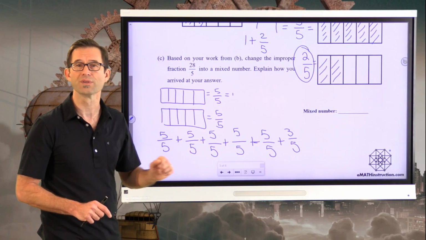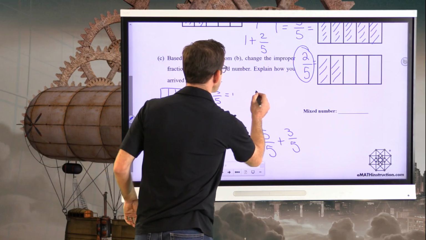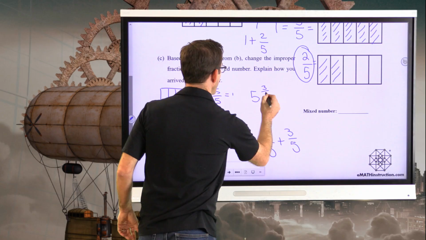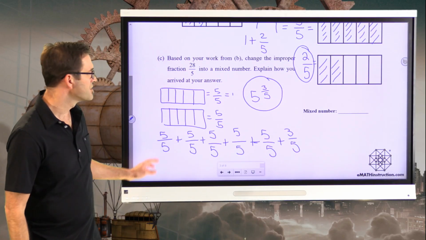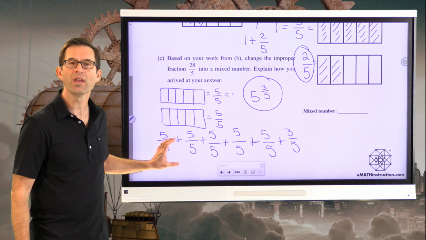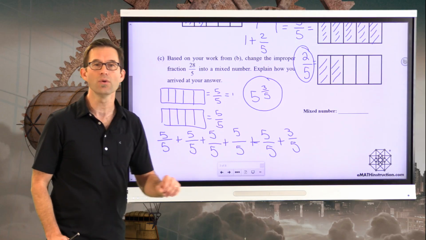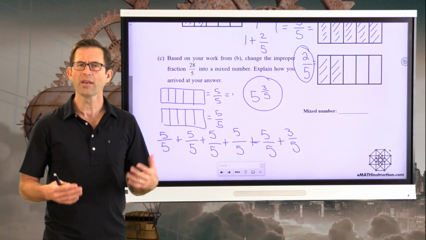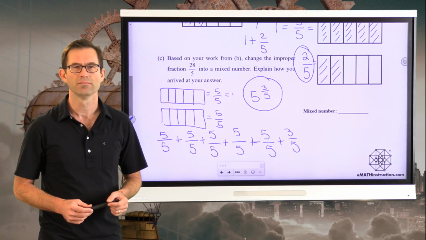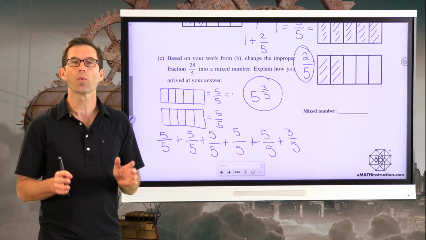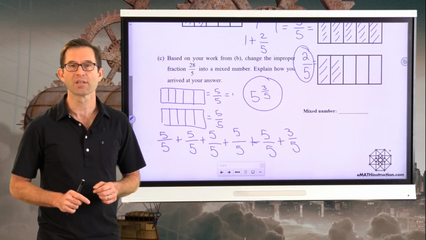Sorry, that could be a little confusing, plus an extra 3/5. And again, the key here really is the fact that I can figure out how many of these basic units of 1 I have by thinking about how many 5/5 I have. That could be a little confusing, so we're going to work on that more in the next exercise.